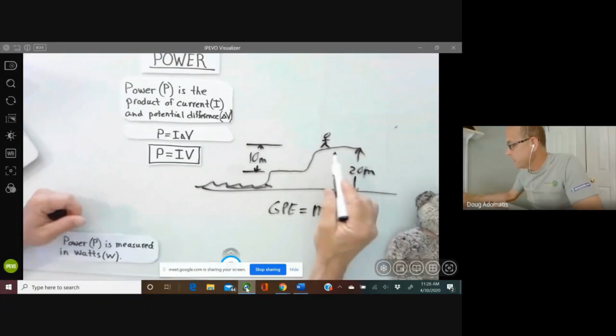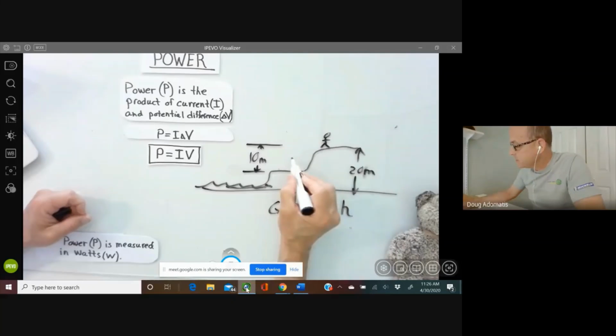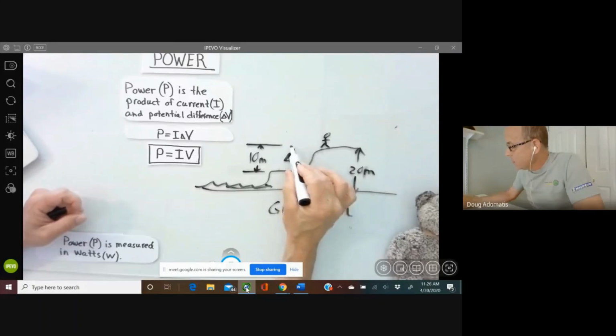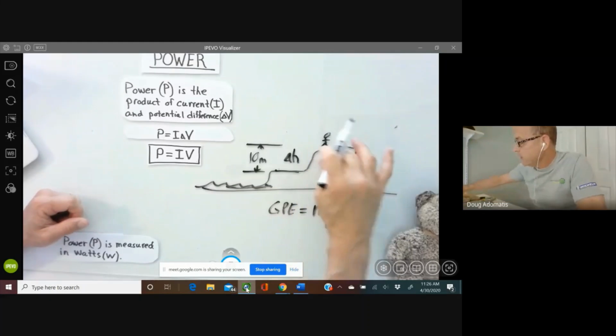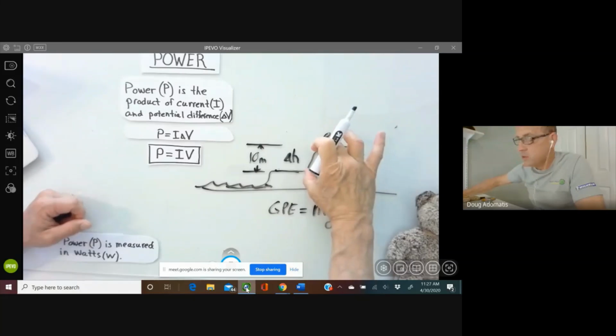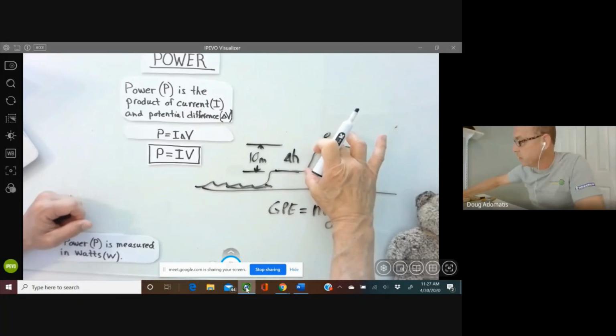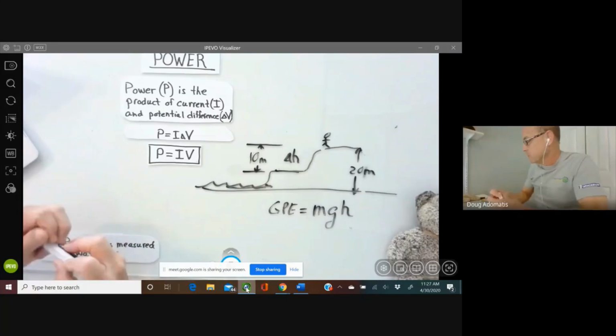If I said from the cliff down to the beach, then you would use 10, because this is the difference in the height, from where you're at now to where I want to measure from. So even though you're 20 meters above the lake, the difference between where you jump and where you land is only 10 meters. So that's where this delta comes in.